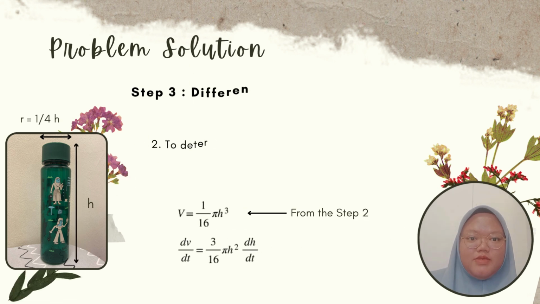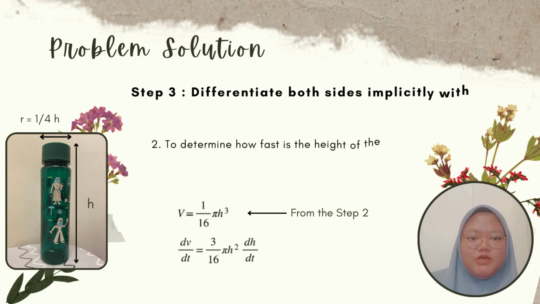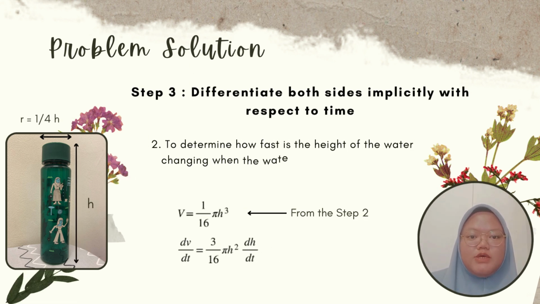Next, step number 3. We must differentiate both sides implicitly with respect to time, and we can achieve objective number 2, to determine how fast the height of the water is changing when the water bottle is leaking at h equal to 12 cm. From step 2, we have V equals 1/16 pi h³, and we need to differentiate V with respect to time and get the derivative of V with respect to t.